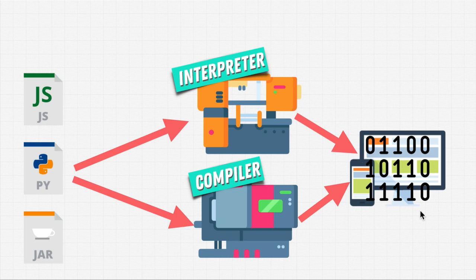So to review, interpreters translate line by line and execute the line before going to the next line. Compilers translate all lines of a program to a file, usually called a binary, and execute the whole file at once.